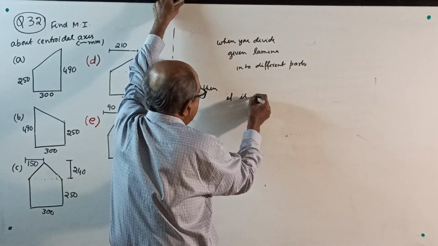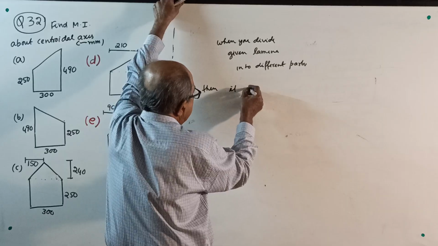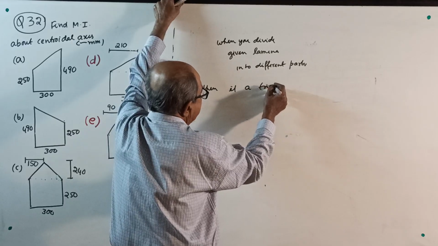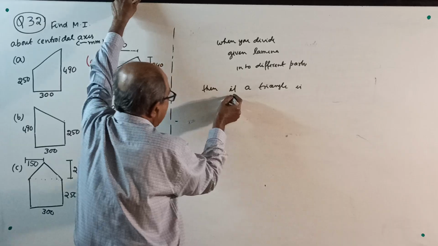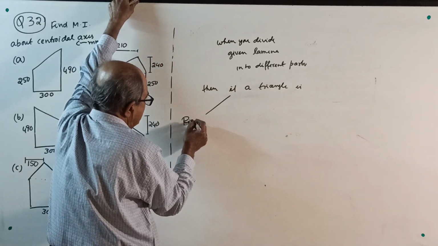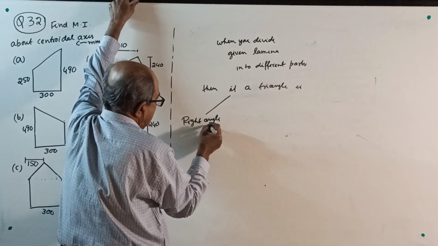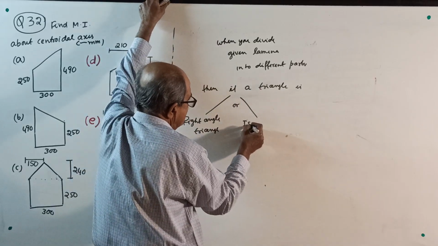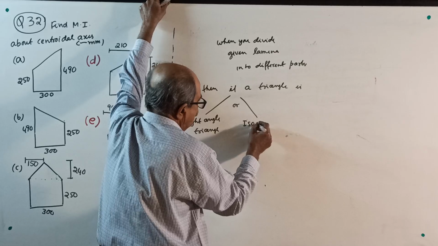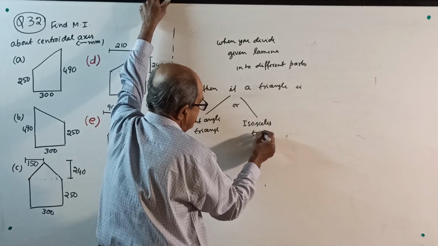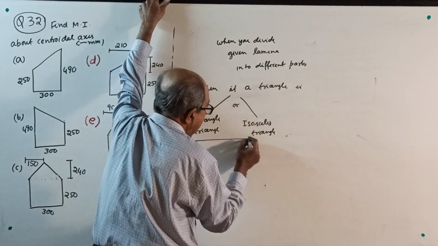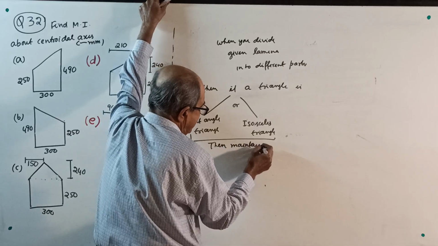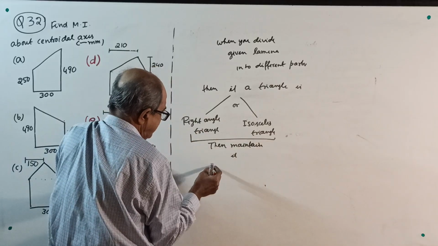If any triangle is a right angle triangle or an isosceles triangle, then maintain it as it is.